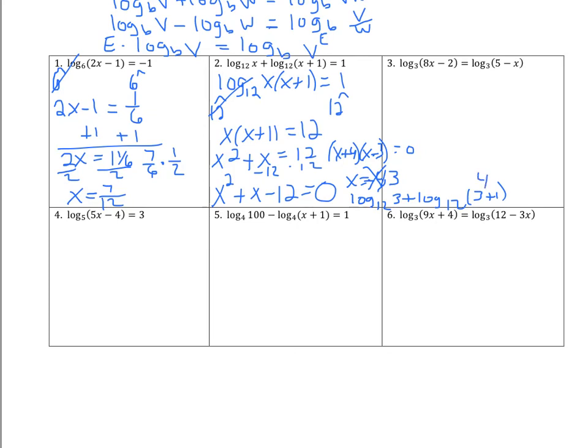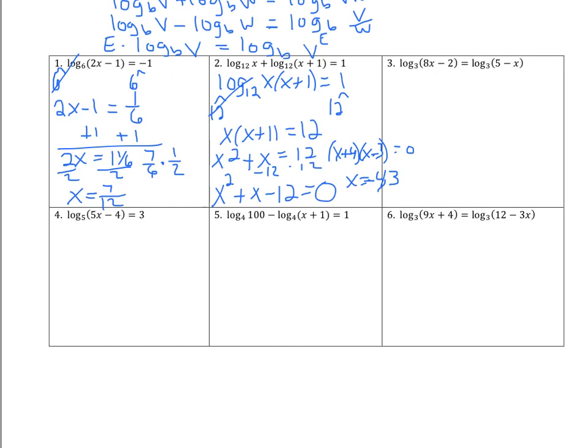If I condense those down, it's log base 12 of 3 times 4, which is 12. And does that equal 1? Yes, it does. So our only answer in this case is 3. Negative 4 is extraneous. It's an extra solution. Go ahead and pause the video and try number 3 on your own, and then play it back to see the answer.